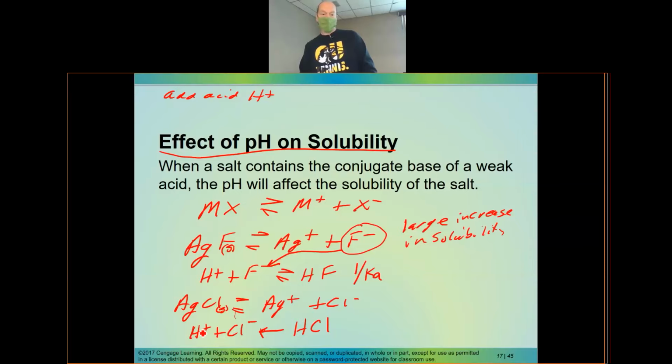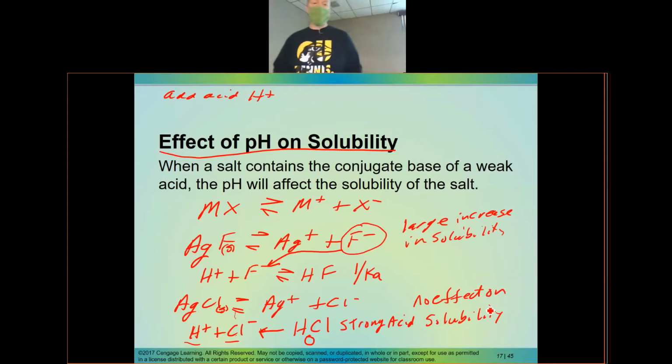It is just staying as H plus and Cl minus because this HCl always has a concentration of 0. All of it is in the H plus and Cl minus. All right, and so when you have a strong acid, there is no effect on the solubility. So you're going to have no change in your solubility if you added acid to the AgCl.